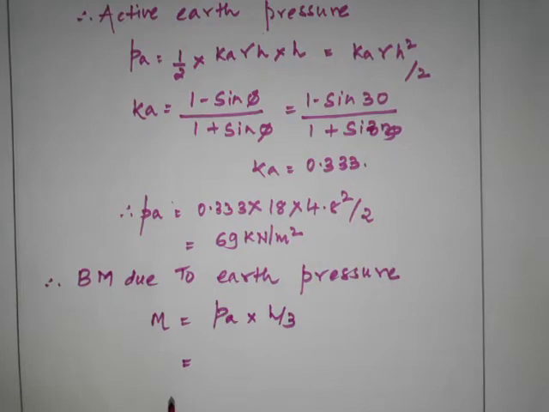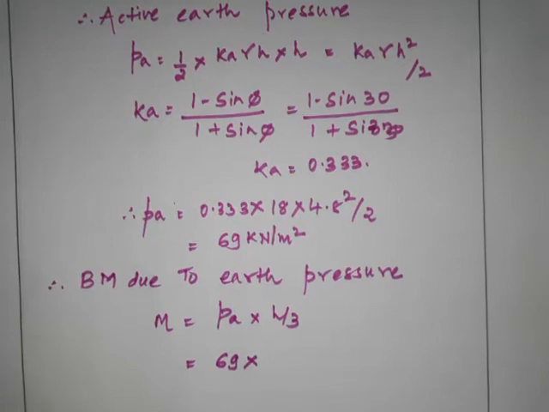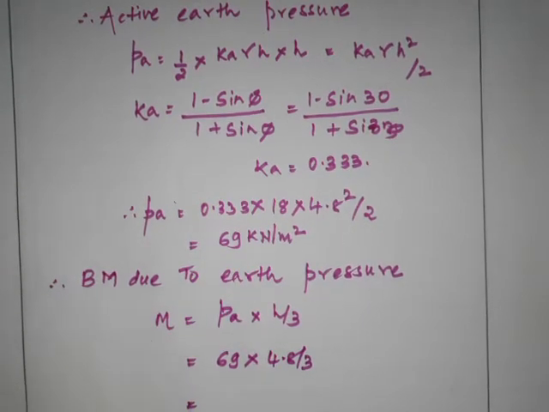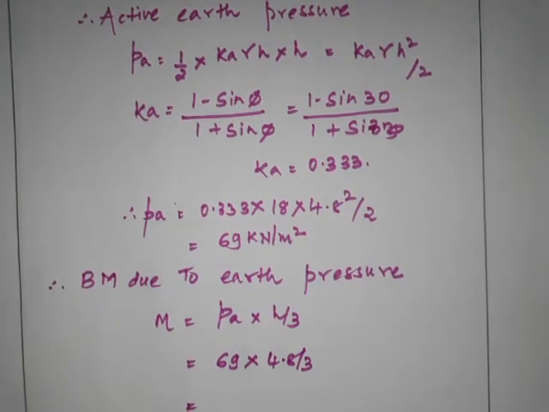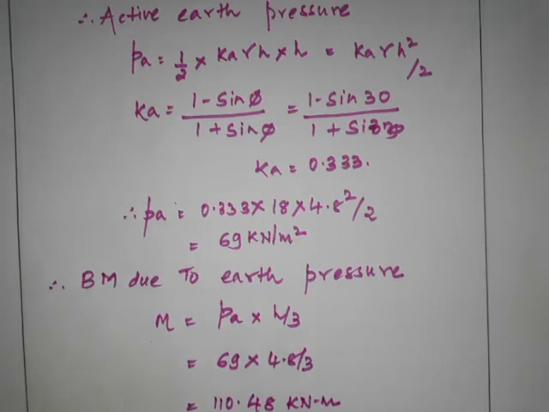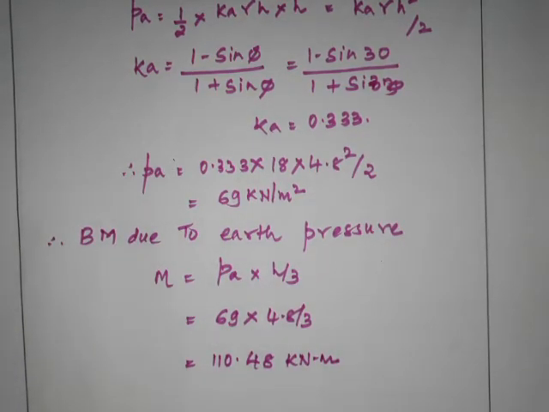So we have 69 into h by 3, that is 4.8 divided by 3. We will get this value as 110.48 kilonewton meter. Correct?